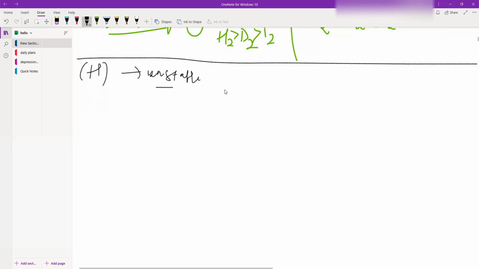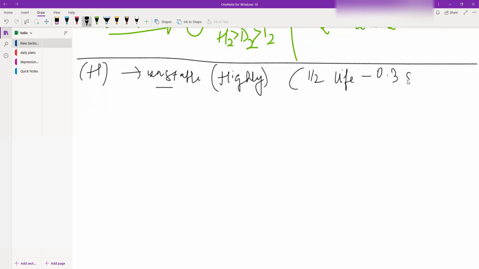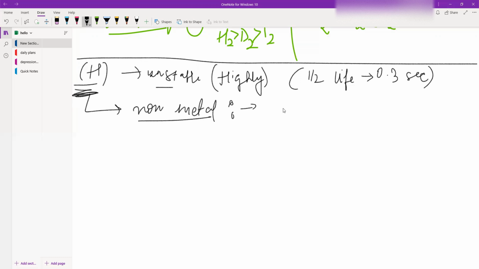This is highly, I'll say highly unstable. Okay. And this is not important for a paper, but its half-life is only 0.2 seconds. Okay. Then because this is super reactive, this can combine easily with any non-metal. This combines readily with any non-metal. And you need to learn these names.